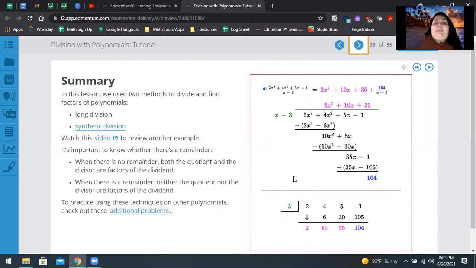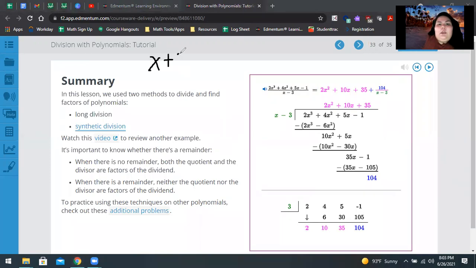Now, keep in mind when they're asking you about the remainder theorem, if they say x plus 2, is this a factor? Well, you know that x is going to be equal to -2, and if you use synthetic division, you get 0. It is a factor. Or take that -2, plug it into the equation.